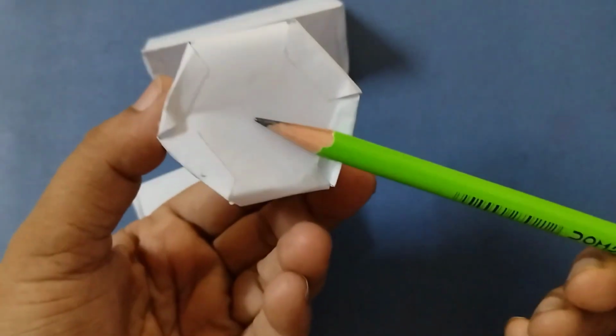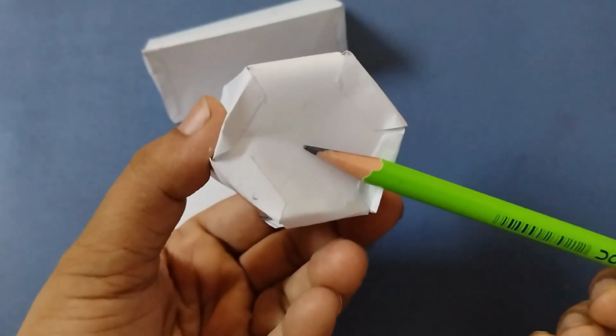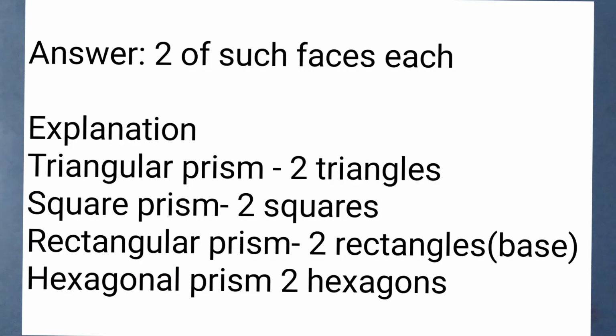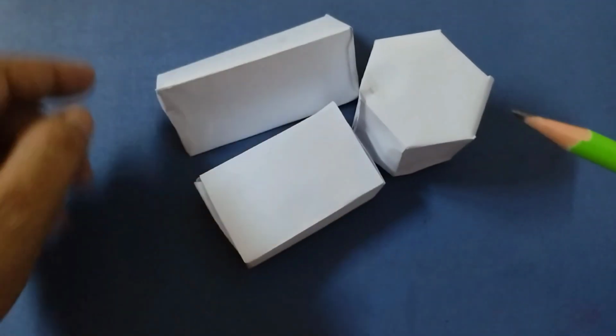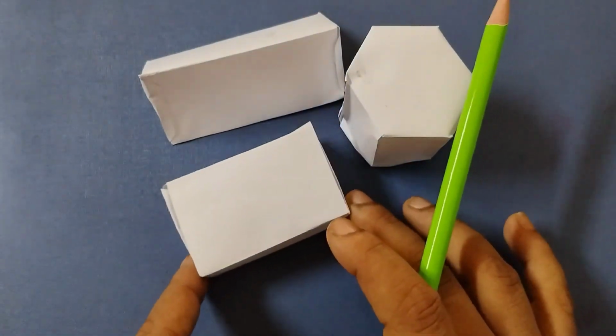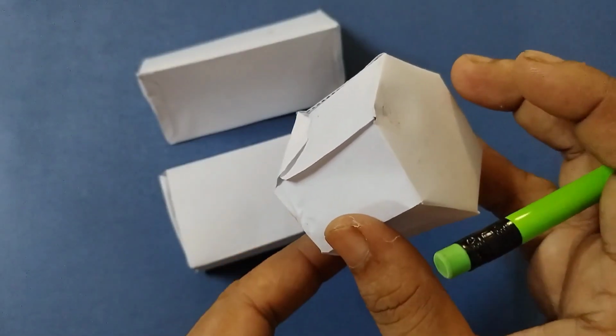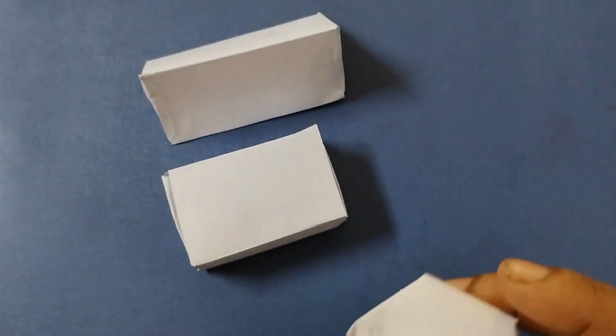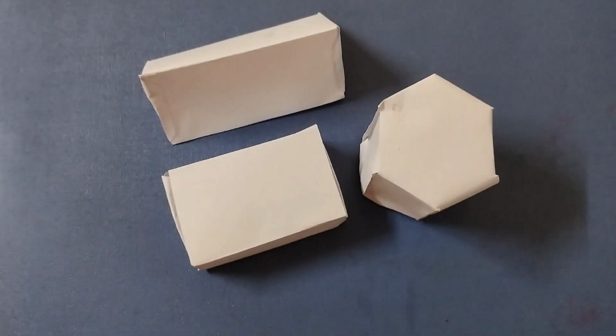So it has 2 hexagons. So how many such faces each? The answer is 2. Each of these prisms would have 2 of these faces, and these are called the bases. Okay, triangular prism has triangle base, rectangular has rectangle base, hexagonal prism has hexagon as base. I hope this concept is clear to you.